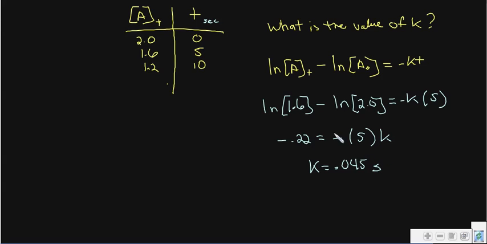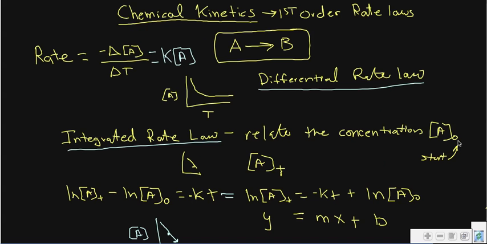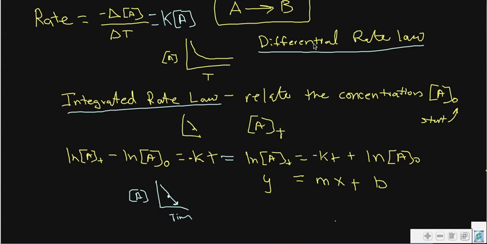And the actual units for this particular first order reaction are going to be over seconds, or you could say s to the negative 1. We'll go over how to do that in a subsequent video. But that would be a simple way to use the integrated rate law to solve for a constant. And there's the integrated rate law and how you get it for a first order reaction.